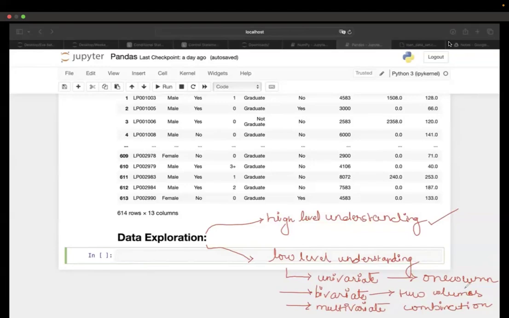Bivariate analysis, combining two different columns for understanding the insights of the data set. Multivariate analysis will help us to perform analysis like imputation in the data and feature engineering. Don't worry. Once we cover this topic one by one, you will get enough lines for defining these three low-level understanding techniques. Do you understand that?